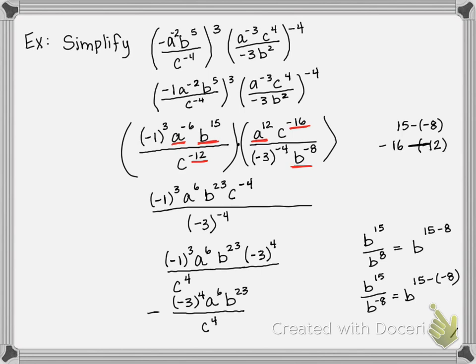I expect you to know what you get when you multiply negative 1 by itself repeatedly, because it's either a positive 1 or negative 1. You don't have to multiply negative 3 times negative 3 times negative 3. It's just the rule of odd or even, right? If you multiply an odd number of factors of a negative number, you get a negative. If you multiply an even number of negative factors, you get a positive. Yes.